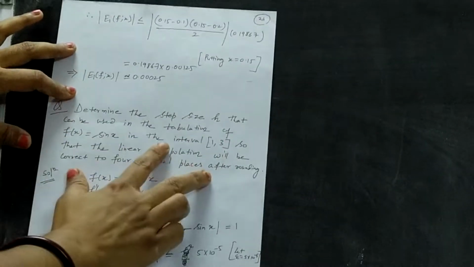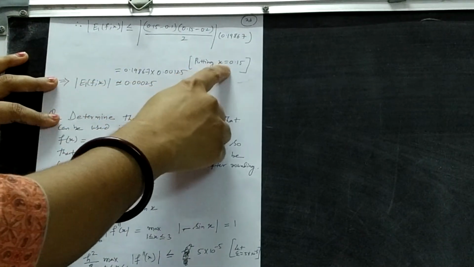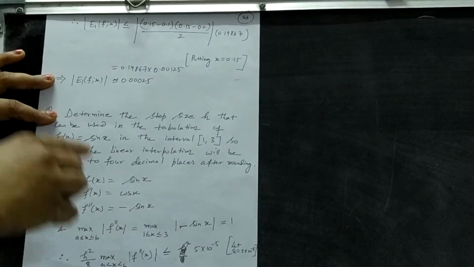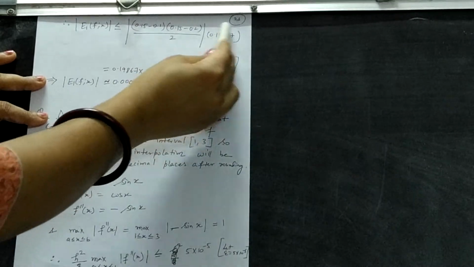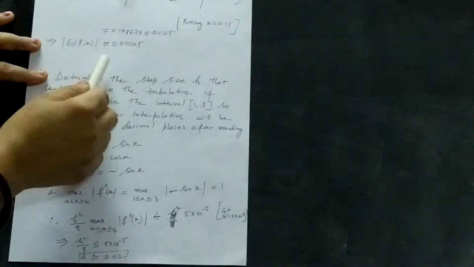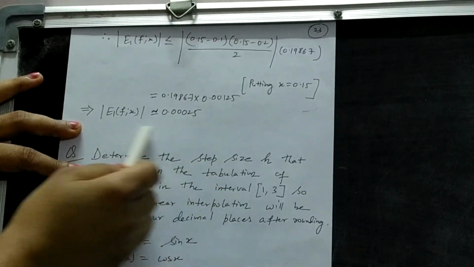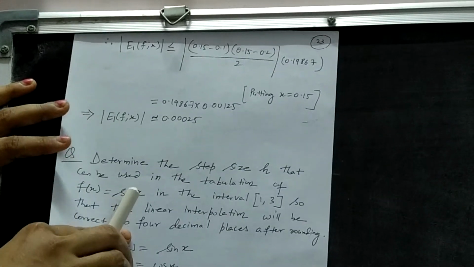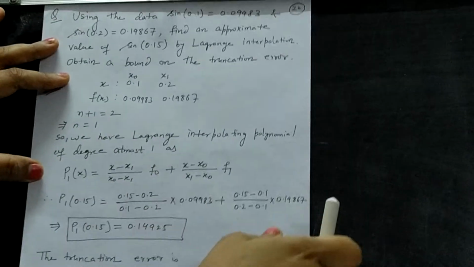So taking the magnitude on both sides and putting x equal to 0.15, the x for which we are interested in, we substituted both sides and the maximum value of this, simplified and obtained something like this. So the magnitude of error in this kind of problem is 0.00025. This is the maximum error that we have to cope with if we are using this interpolation formula.